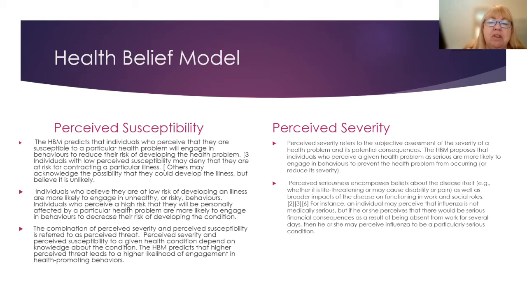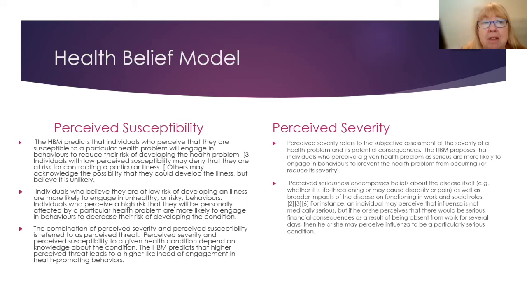So it's not always just the severity of health. It could be about pain. It could be about whether it's life-threatening, but it could also be about how it affects your work function and your social role. You could say, well, I've got my daughter's wedding coming up in the month. The last thing I want to do is to be struck down with coronavirus during it.